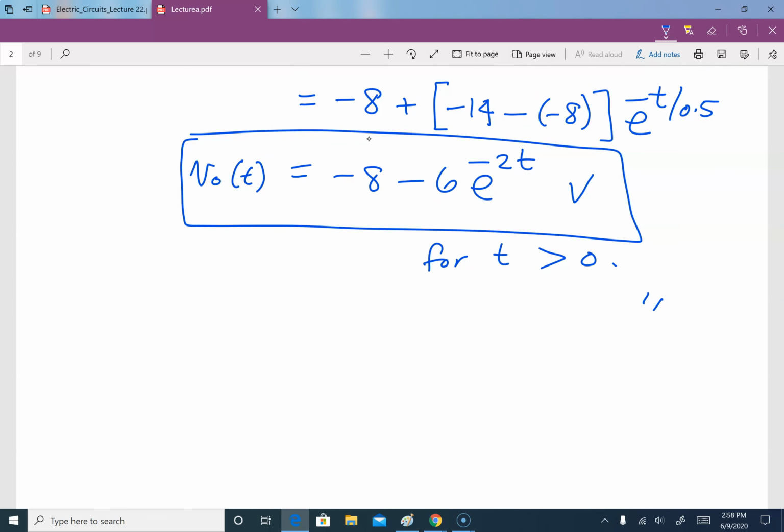You have to pay attention to how to find tau in an RL circuit.